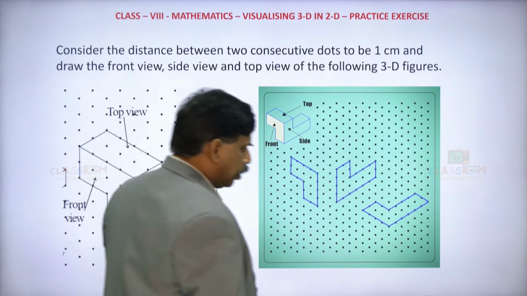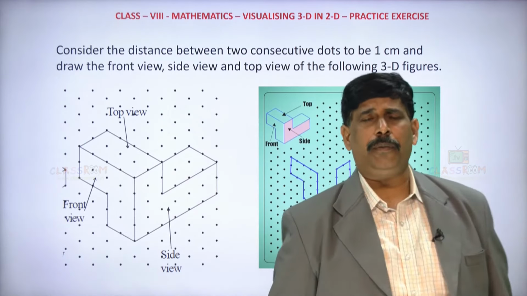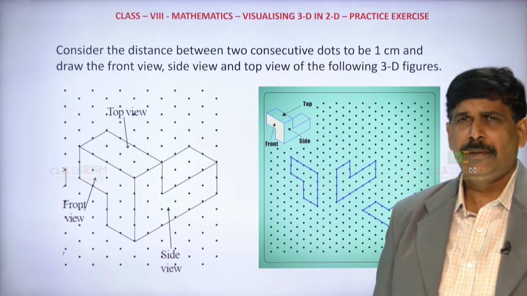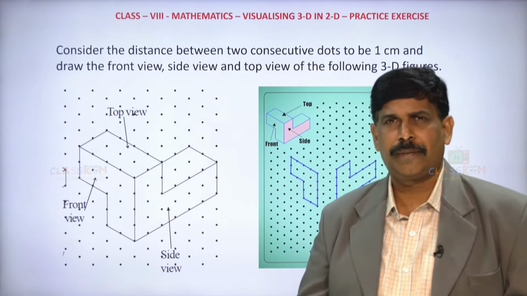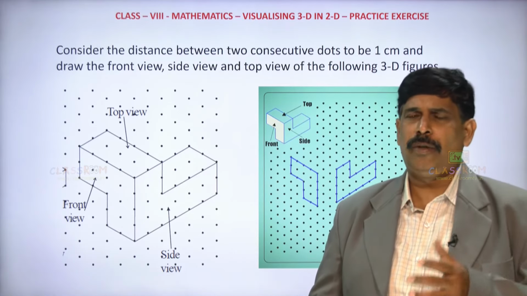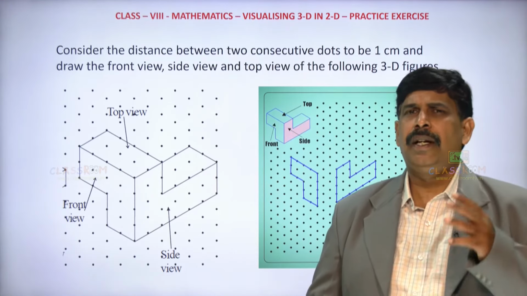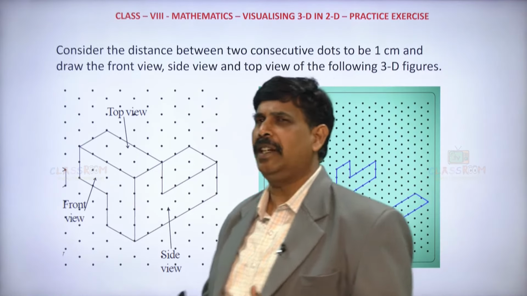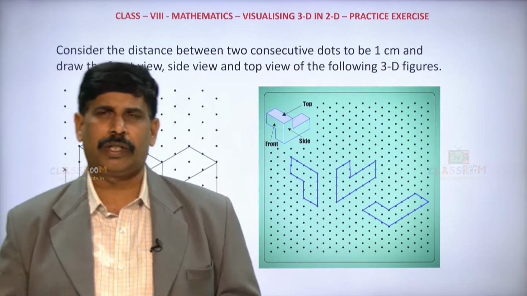Okay. So this is how actually we draw the front, side and top views by using isometric dot sheets. Okay, well children, just practice all these. Take isometric dot sheet paper and you can practice. So this is the easiest way to represent 3D diagrams on isometric dot sheet.